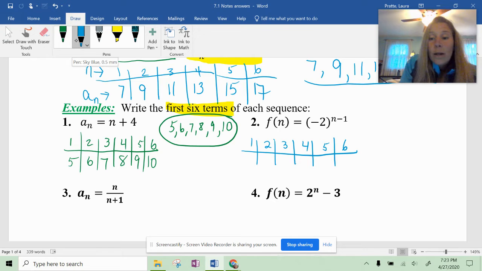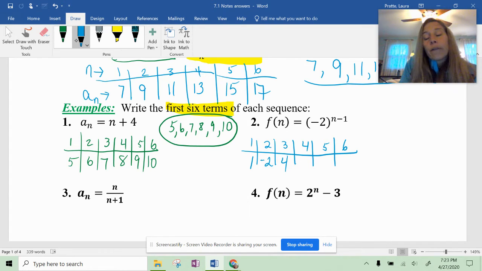So if I were to put in a 1 here, 1 minus 1 is 0, and anything raised to the 0 is 1. Then if I put in a 2 here, 2 minus 1 is 1, and negative 2 to the first power is negative 2. If we put a 3 in there, 3 minus 1 is 2, and negative 2 to the second power is positive 4.